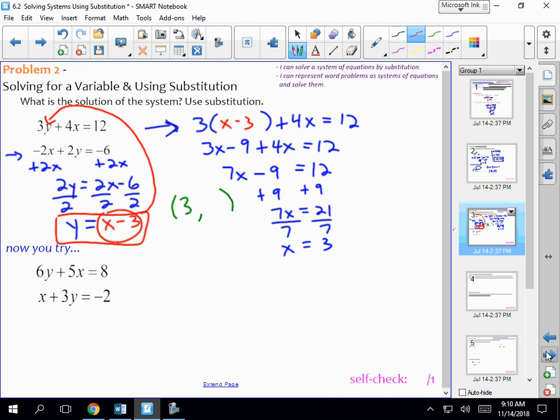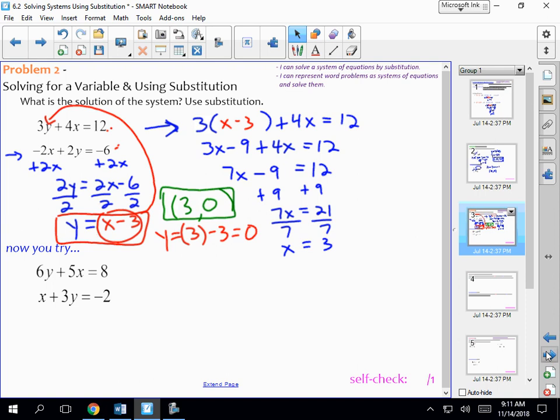I mean, you can plug it into the originals if you wanted, up here or here, but that's a lot more work. If I can plug in 3 right here, I have y equals 3 minus 3, and 3 minus 3 is 0. So the y coordinate here is 0. So it crosses at 3 comma 0.